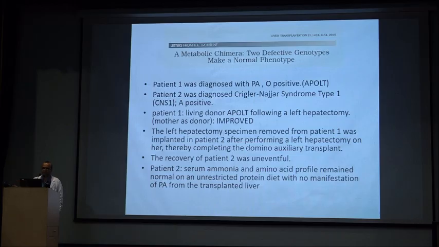The left hepatectomy specimen of the first patient was implanted in patient 2 with Crigler-Najjar after performing a left hepatectomy, thereby completing the domino auxiliary transplant. Both patients had an uneventful recovery with no manifestation of either PA or Crigler-Najjar, and a normal ammonia.